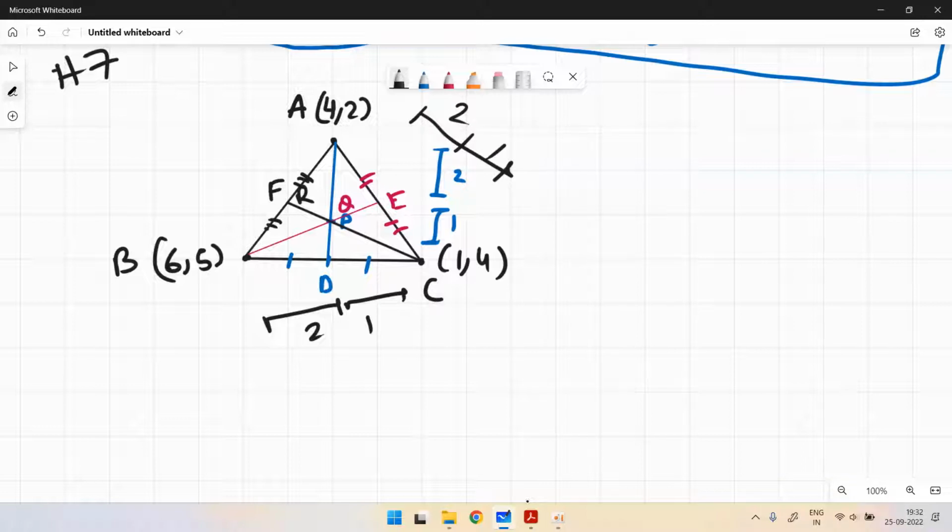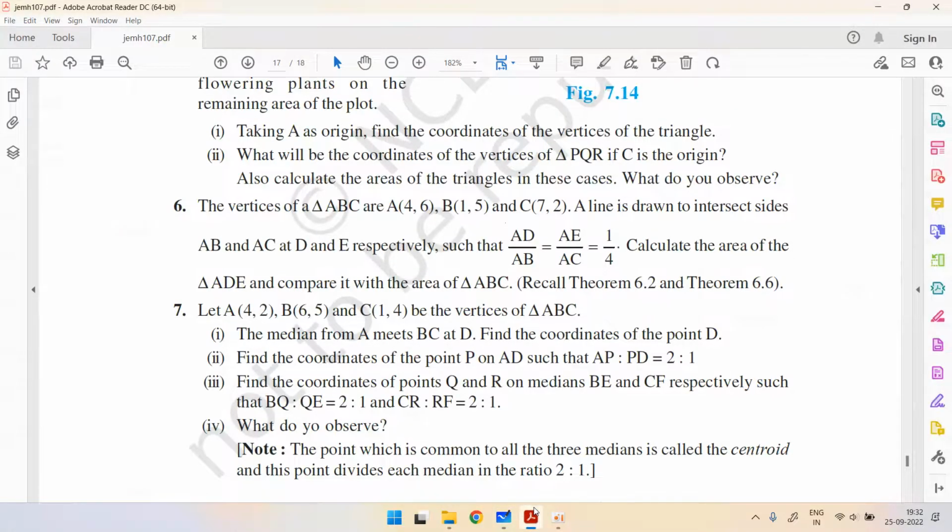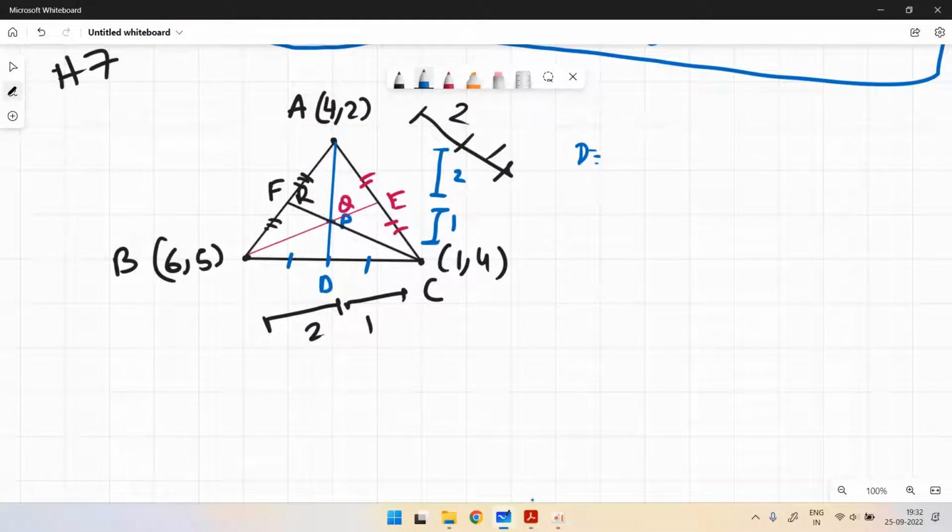Now to solve this, calculate the D coordinate. It is given that this is a median, so the median divides the side into equal parts. The x coordinate will be, applying the formula, x1 plus x2 by 2 and y1 plus y2 by 2.